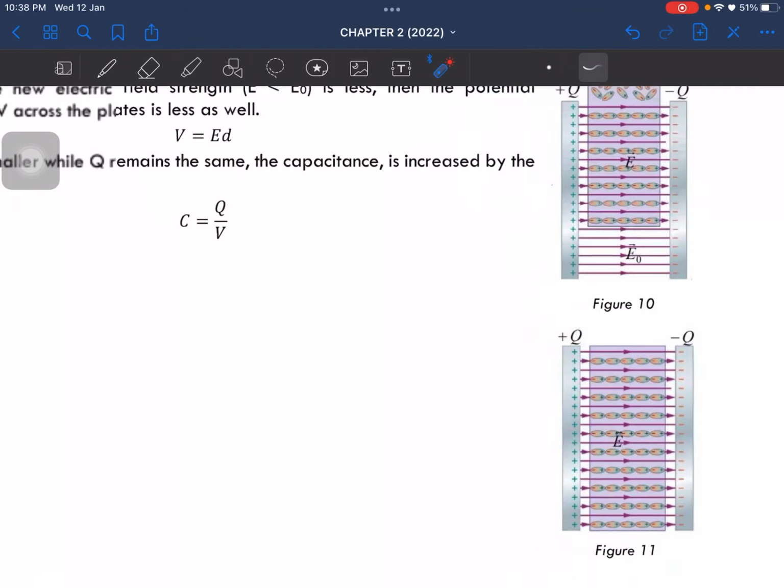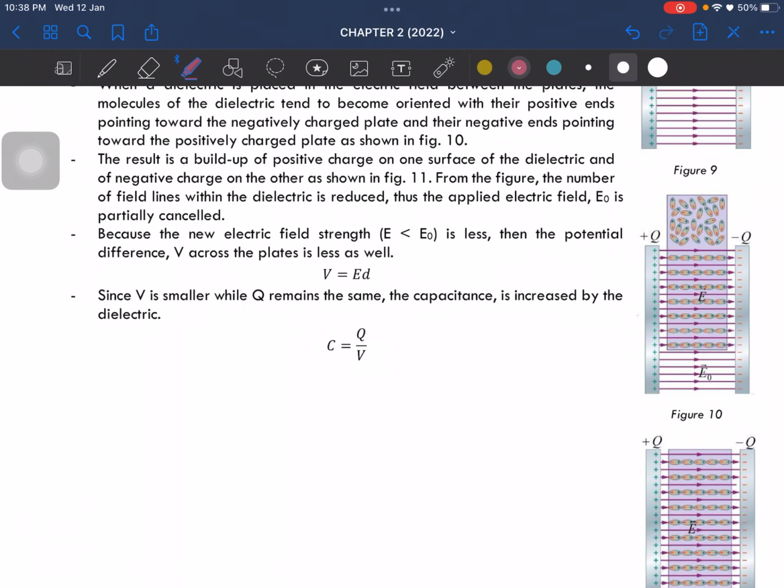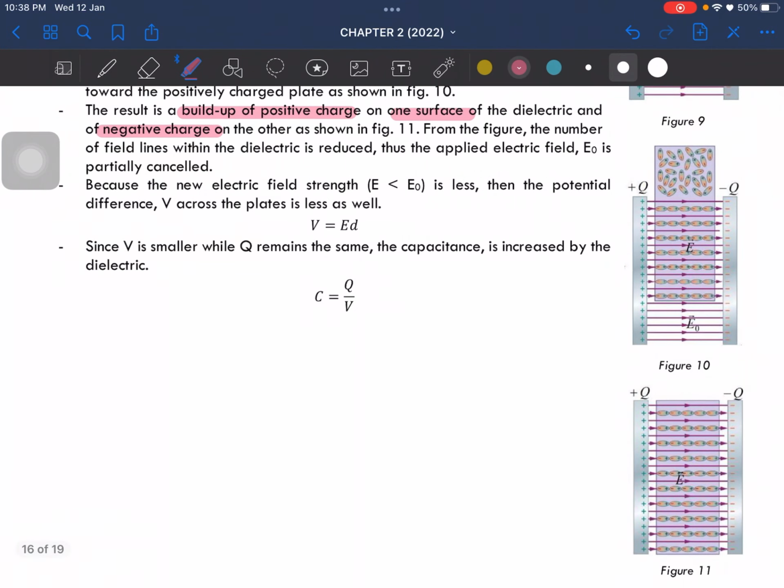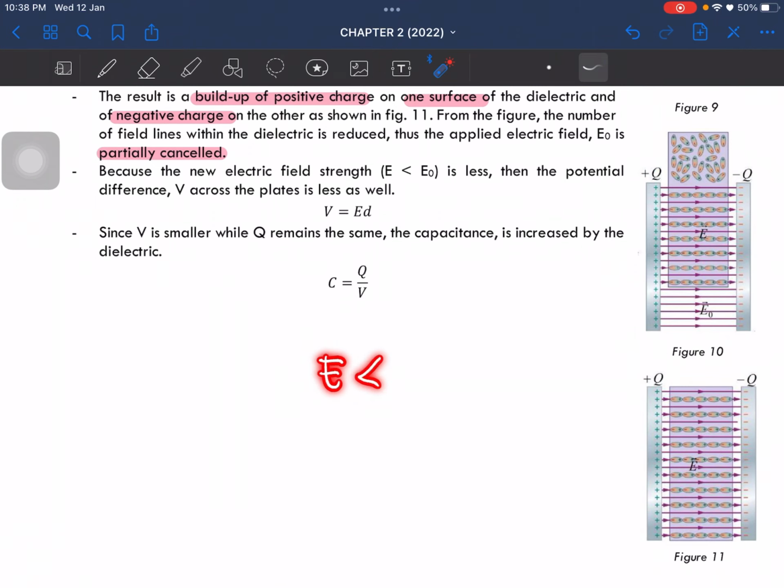The result is a build-up of positive charge on one surface and negative charge on the other. The number of field lines within the dielectric is reduced, hence the electric field is partially cancelled. So when the dielectric material is inserted, the electric field strength is less than the original electric field strength.